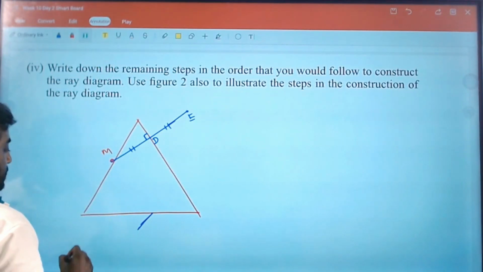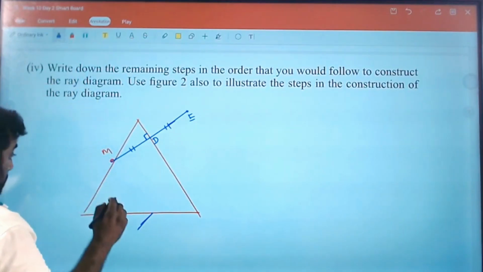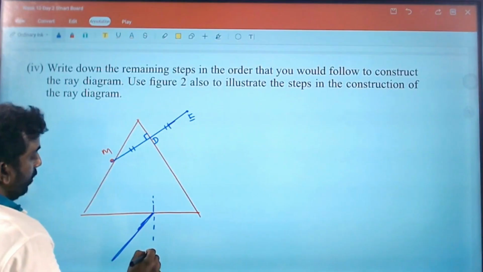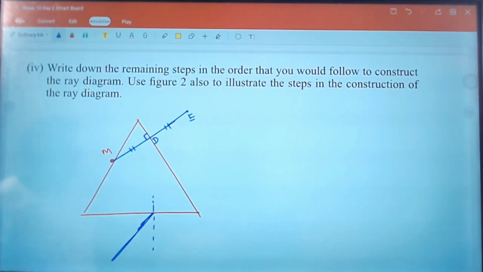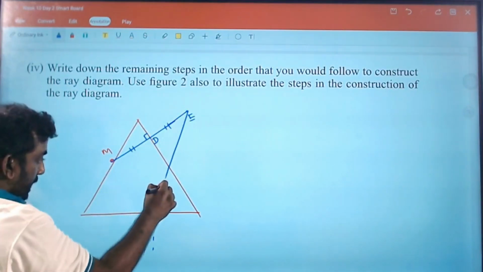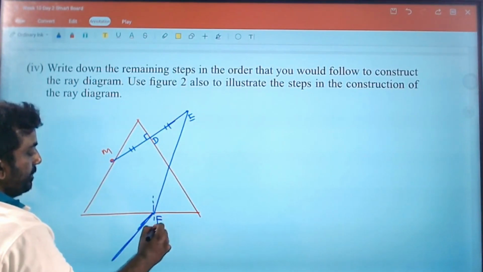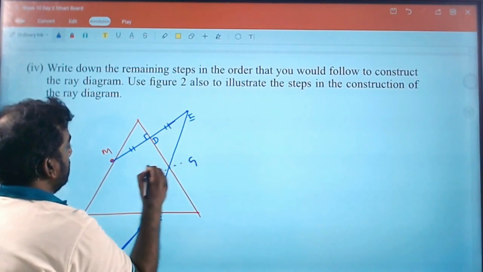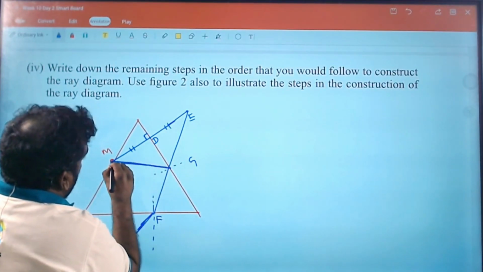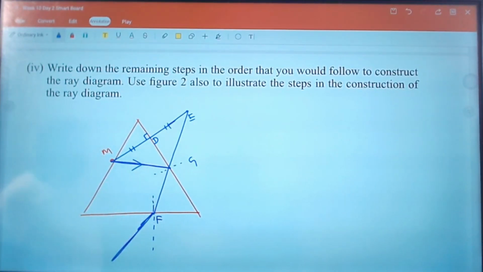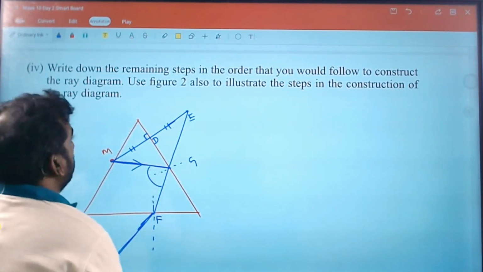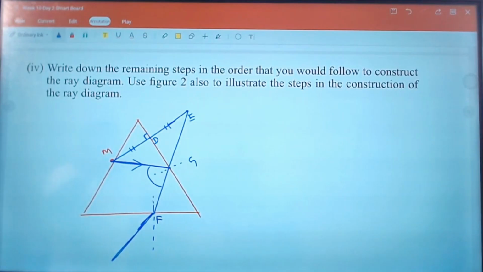Draw the normal. Join EF with a straight line. Where it cuts here is G. Join MG. Measure angle MGF. It is going to be 2 times C.